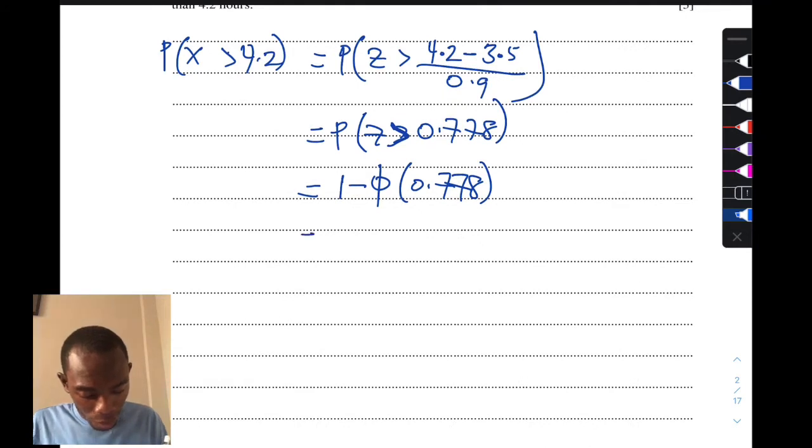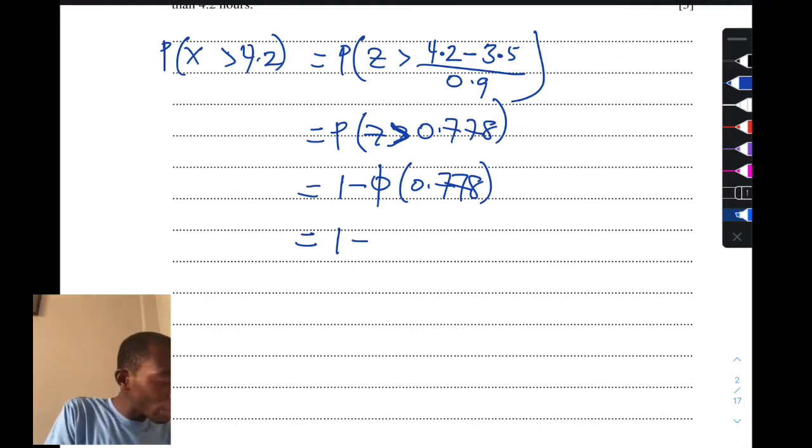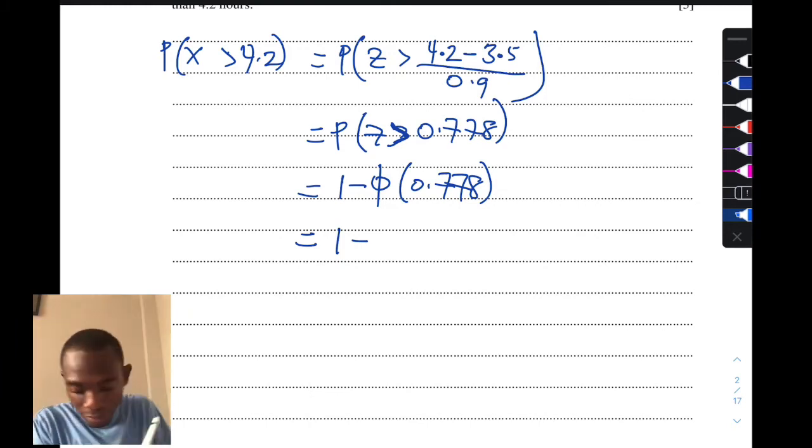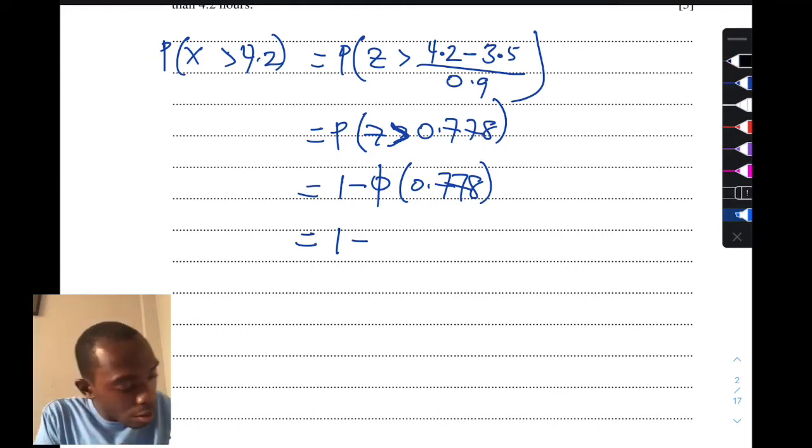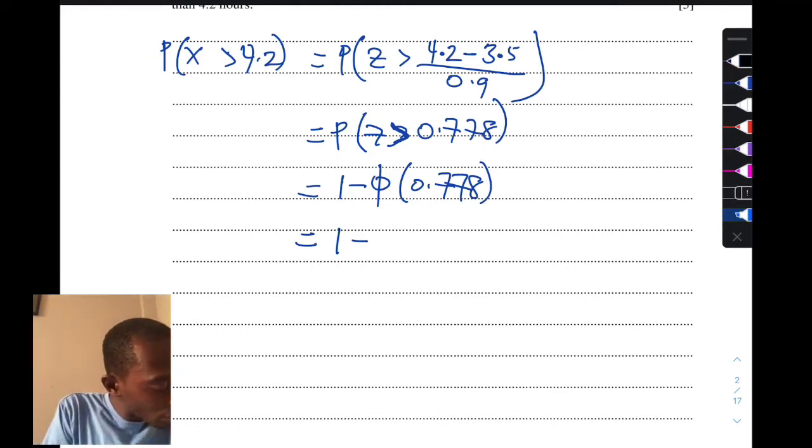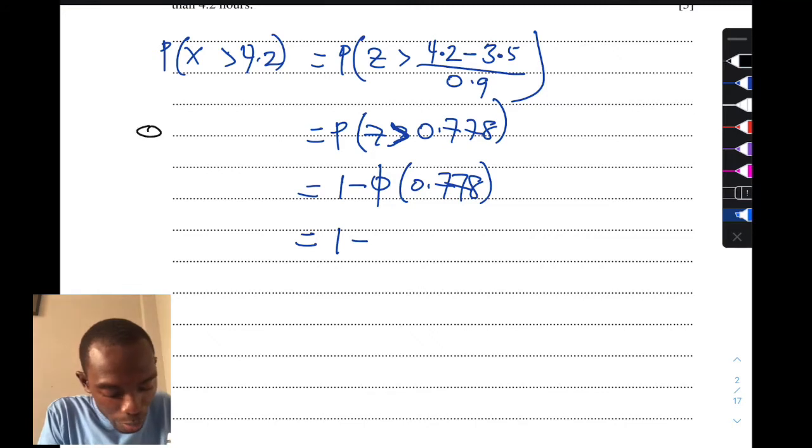So let's go to the table and read 0.778. On the table, we can get 0.7, and then we trace that to the 0.77. Now 0.77, ladies and gentlemen, will give us, let me do this rough work somewhere here, 0.7794.